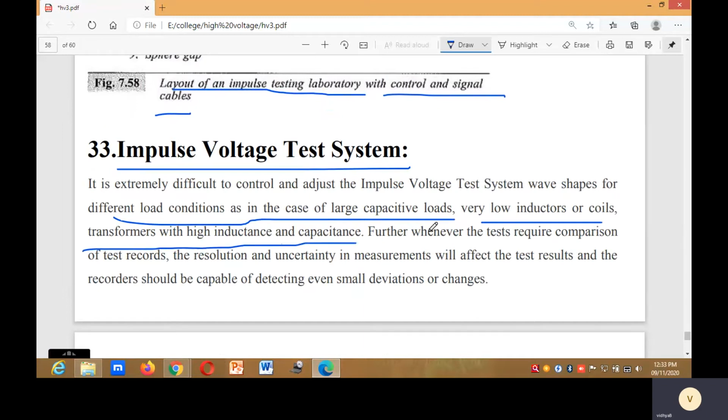Whenever the test requires comparison of test records, the resolution and the uncertainty in measurements will affect the test results, and the recorders should be capable of detecting even small deviations or minor changes in the system.